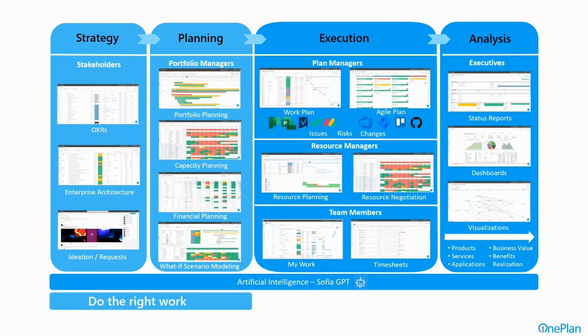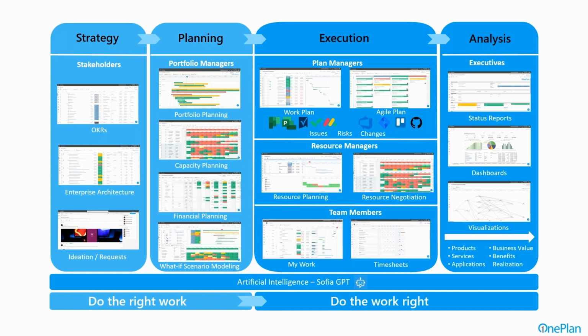The key here is to select the right work to do, meaning the right products, and then do the work right in a way that's efficient and effective in delivering.